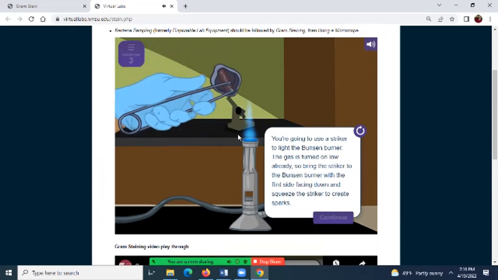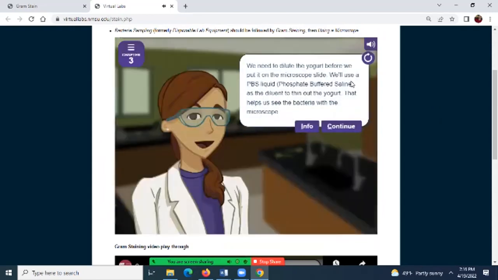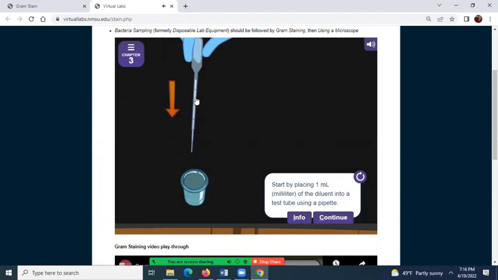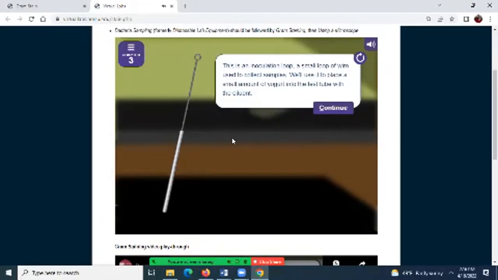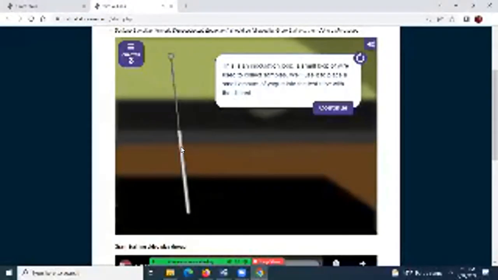The gas is turned on low already. We need to dilute the yogurt before we put it on the microscope slide. We'll use a PBS liquid. Start by placing 1 milliliter of the diluent into a test tube using a pipette. This is an inoculation loop, a small loop of wire used to collect samples. We'll use it to place a small amount of yogurt into the test tube with the diluent.